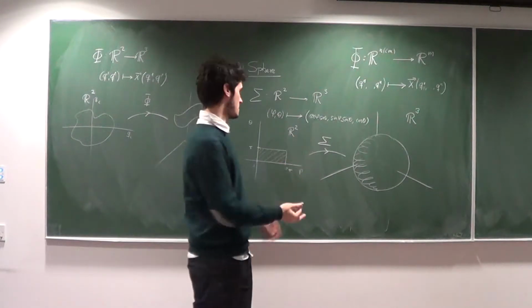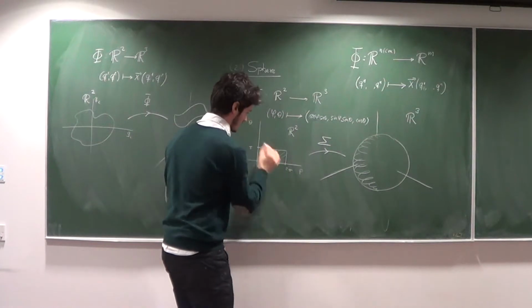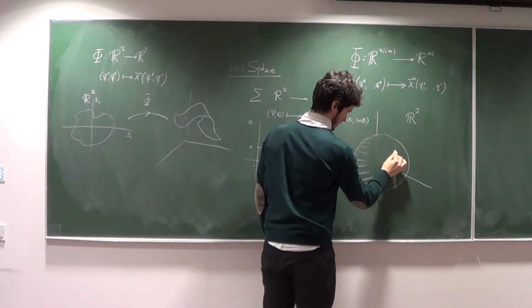So it's obviously empty. So we have an arbitrary point here, call it phi theta, gets mapped into a point here.